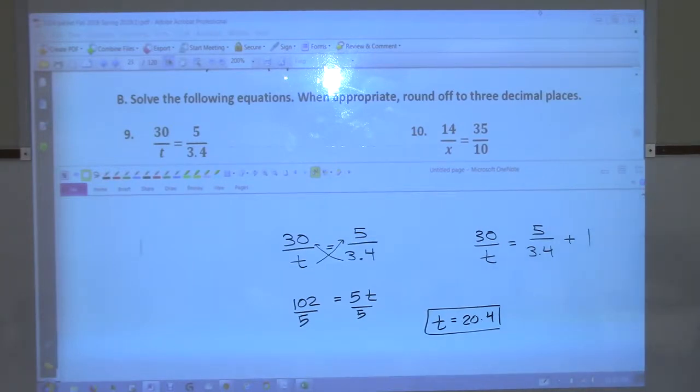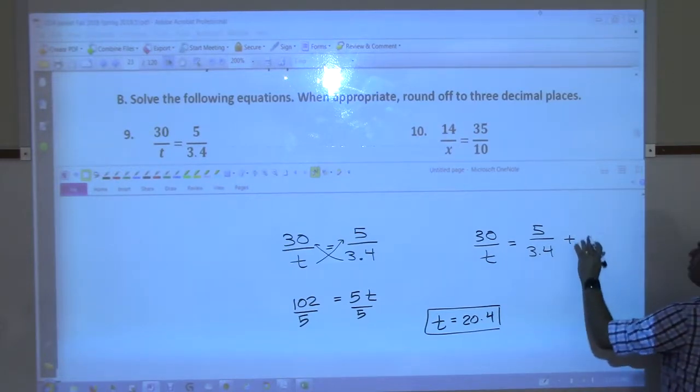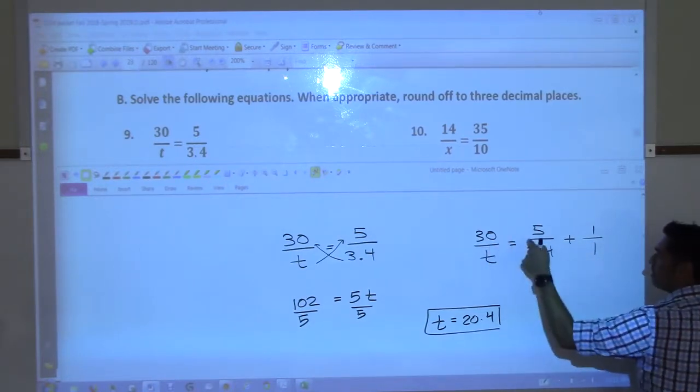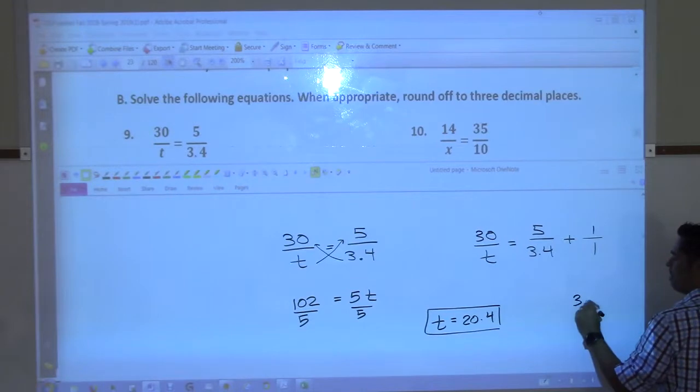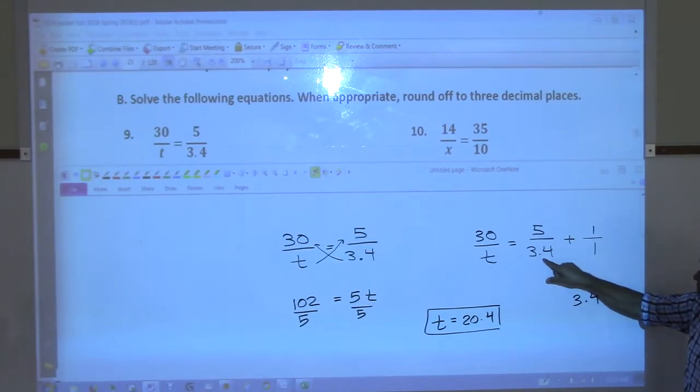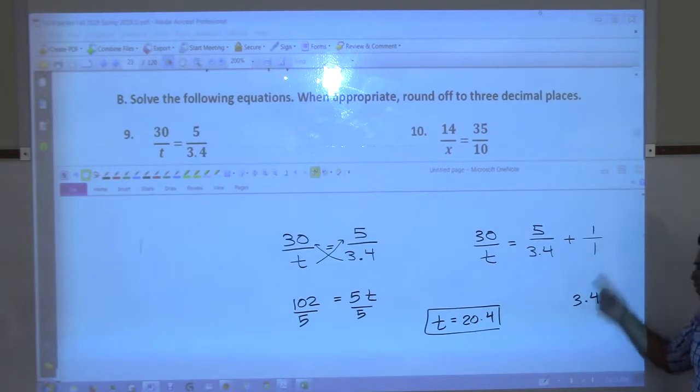Yeah, okay. Can you do one like how you were showing right there with the plus? Now this would be different. For this one, what I would do is multiply by the least common denominator. So I would make this look like 1 over 1. And then I'd multiply this and this by 3.4t, because we need 3.4 here in our common denominator, and then we need a t, and then a 1, and 1's already here.